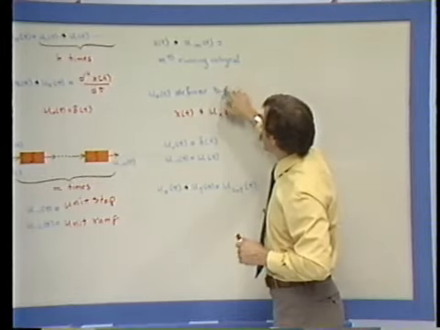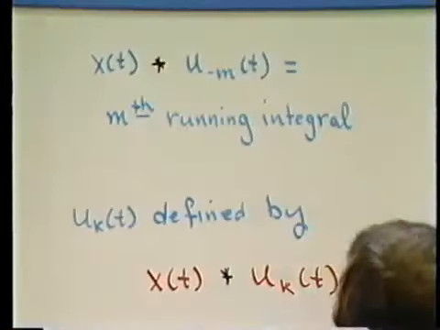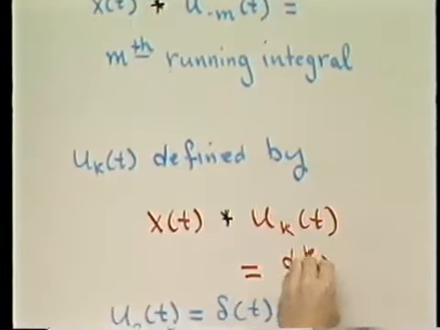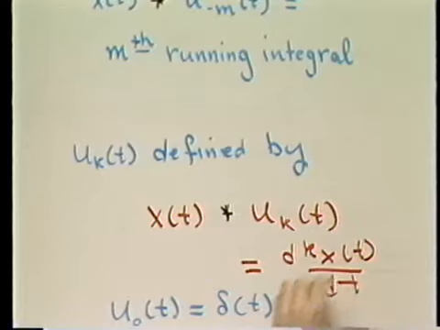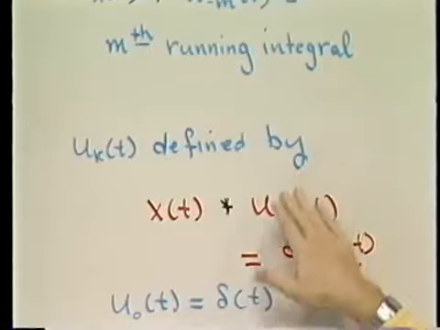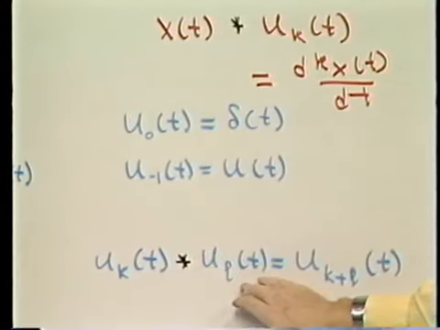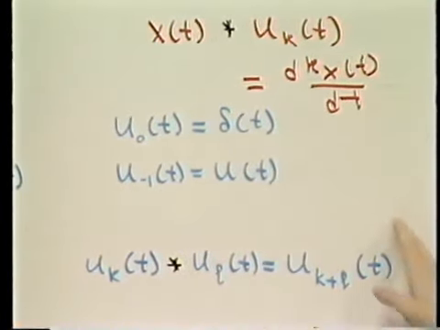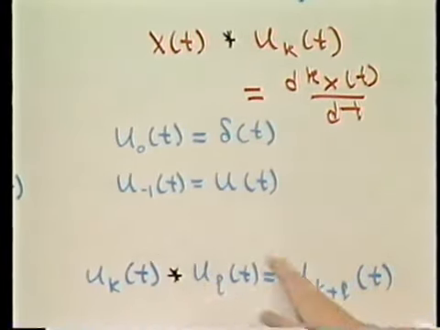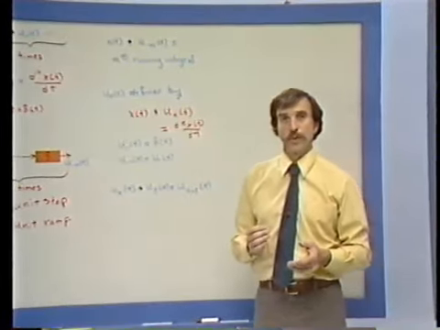And likewise, u sub k of t, with a positive subscript, has an operational definition which is the kth derivative of x of t. And partly as a consequence of that, if we take u sub k of t and convolve it with u sub l of t, the result is the singularity function with a subscript which is the sum of k and l, and that holds whether these are positive values of the subscript or negative values of the subscript.